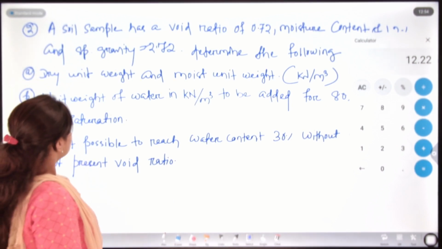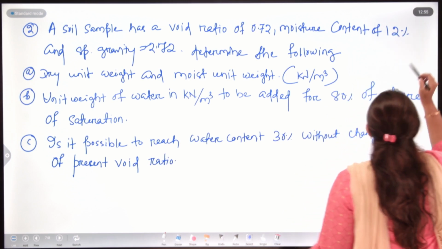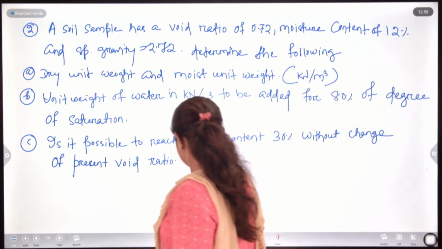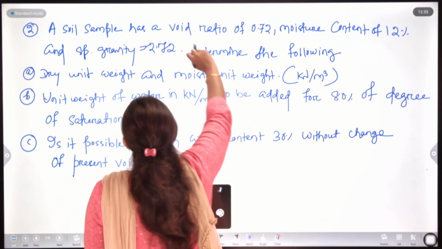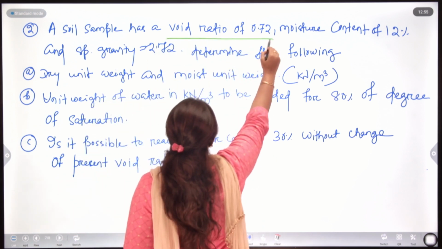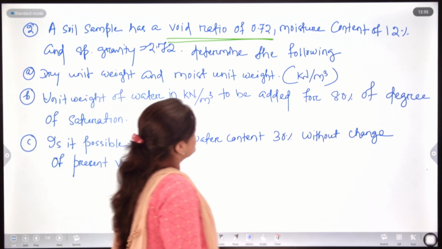So, now going to the next numerical. What is asked in this question? The given data: void ratio of 0.72. Void ratio is given, that means e is given.